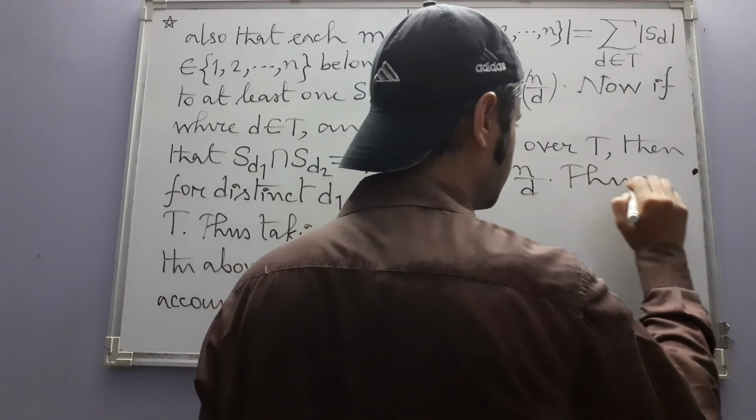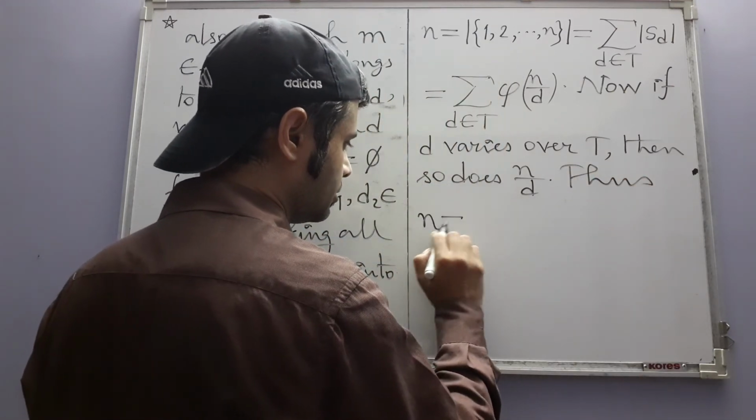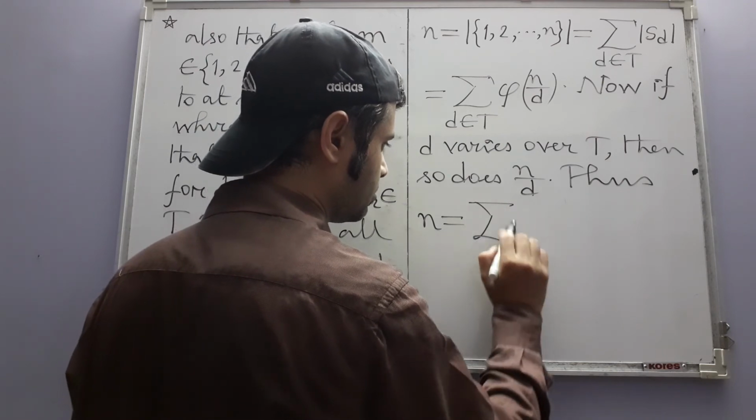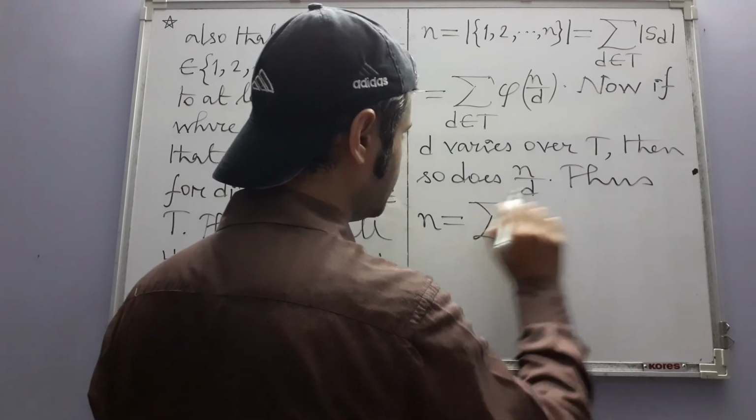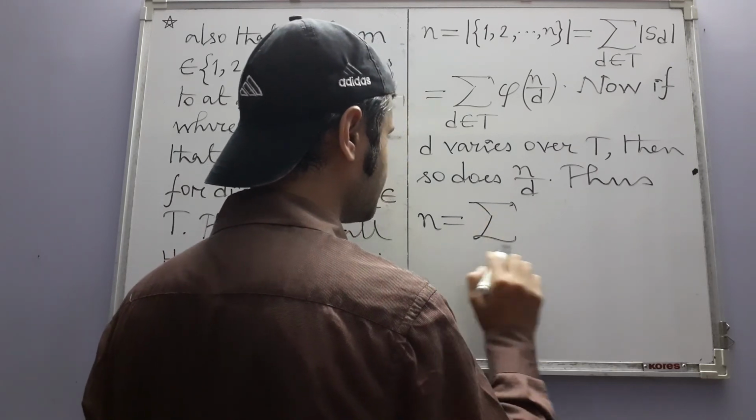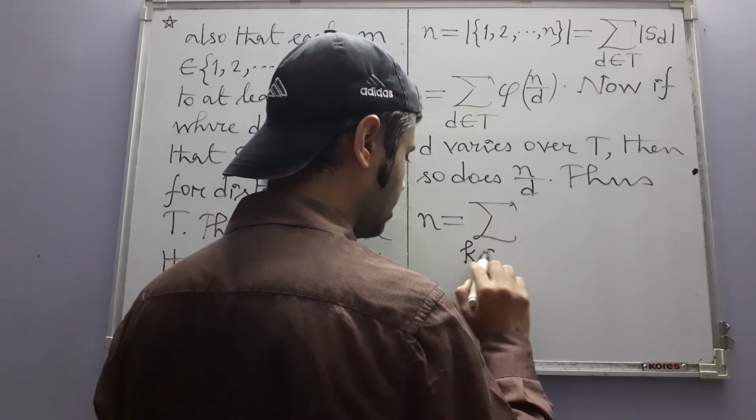Thus, n is equal to the summation, but because we are not considering, after all we are going to write k, the index will be k, so let's just write k here.